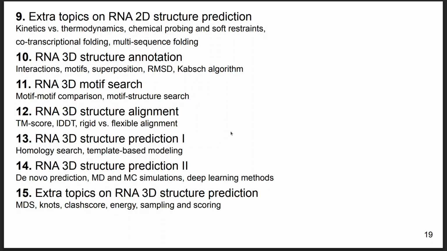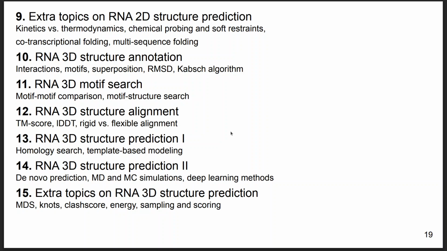The first 2 would be about 3D structure annotation and 3D motif search, which is pretty much the same thing, but annotation is a broader topic, and 3D motif search would be focused on motifs, the recurrent 3D motifs of RNAs. Then lecture 12 is about global alignment of 3D structures.